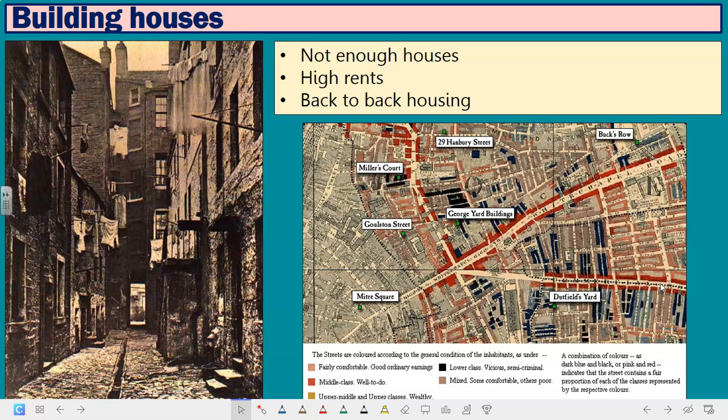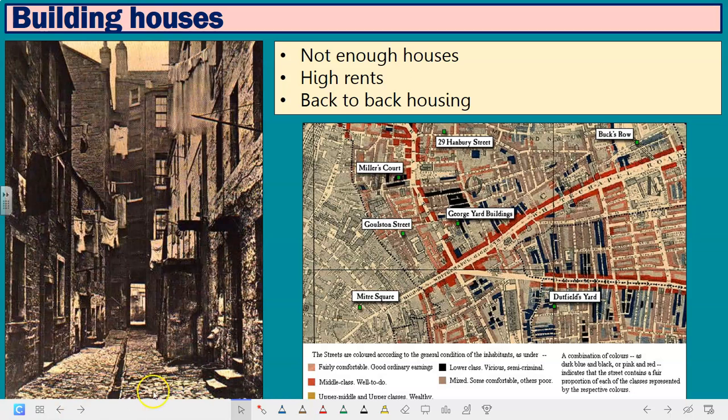Another issue was poor ventilation, and some of that is due to this formation of housing that many cities came up with, which is called back-to-back housing. And you can see here what this looks like in real life. So basically what would happen is they would build houses so that one backed directly onto the other. They were literally attached, and they would go round a courtyard.